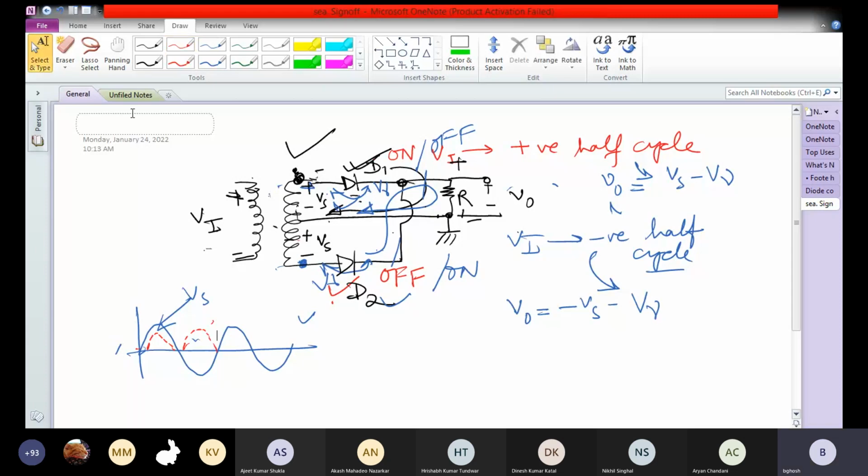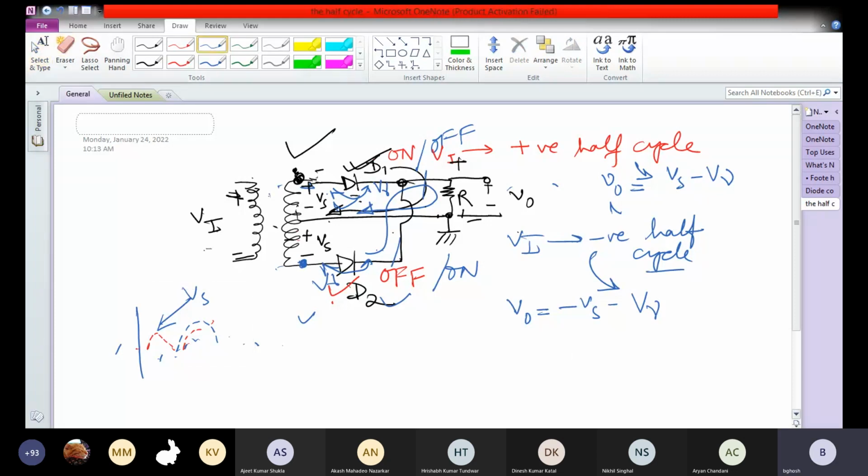Sorry, the output waveform is not properly drawn. Let me draw it afresh.